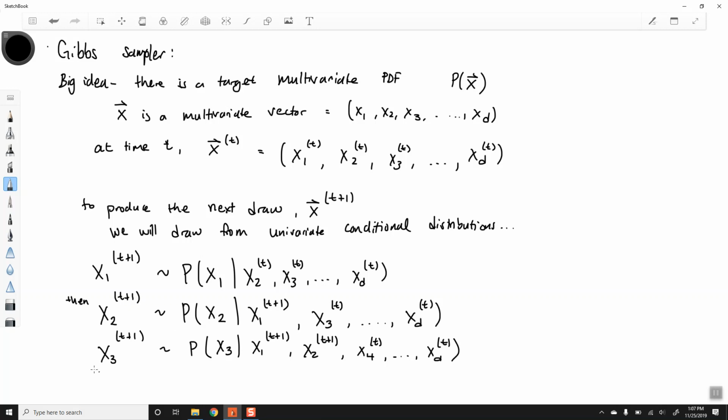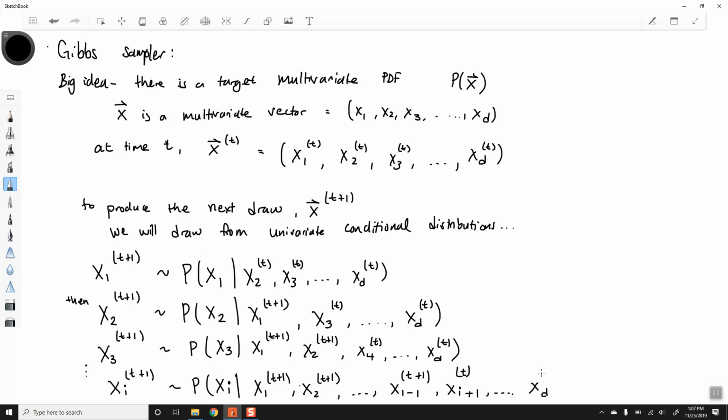We continue this so that anytime we're drawing xi at time t plus 1, it comes from the distribution of xi given x1 at time t plus 1, x2 at time t plus 1, up through xi minus 1 at time t plus 1, and then xi plus 1 at time t up through xd at time t.